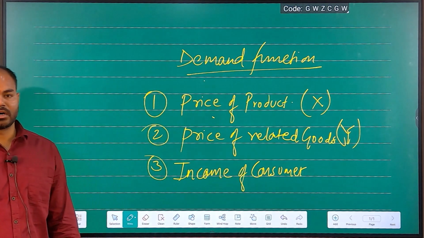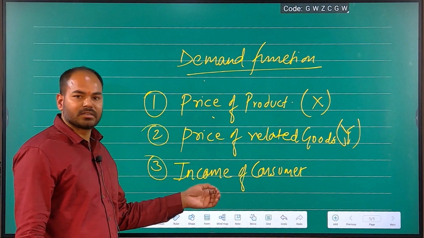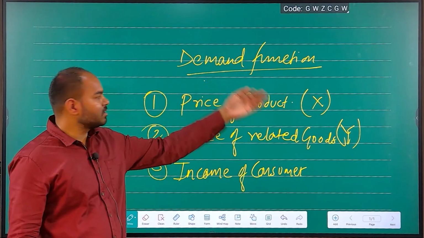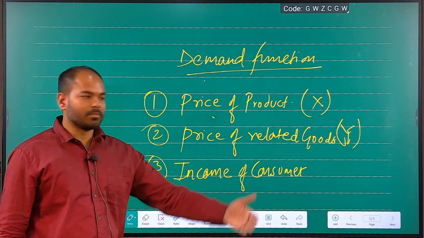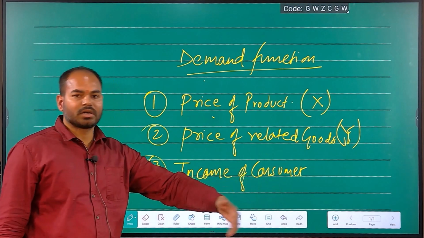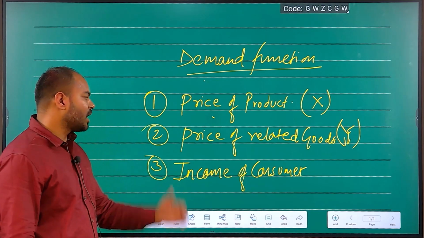The next important thing which affects demand is the income of the consumer. A person's income is the major factor that affects the demand for any product, say X. If your income is low, you will buy a quite cheap product, and if your income is high, there is a probability to buy a high-end product.